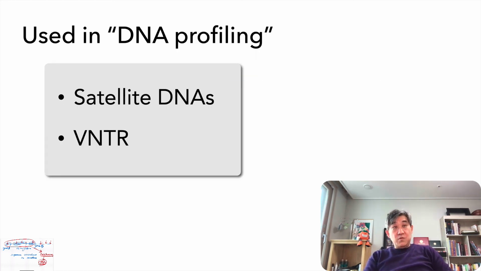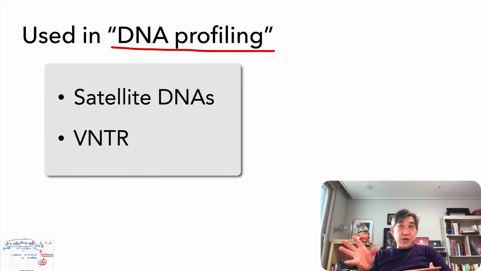The reason I'm elaborating this concept is that we can use those highly variable areas in so-called DNA profiling. Two particularly well-known such areas are satellite DNA and VNTR.